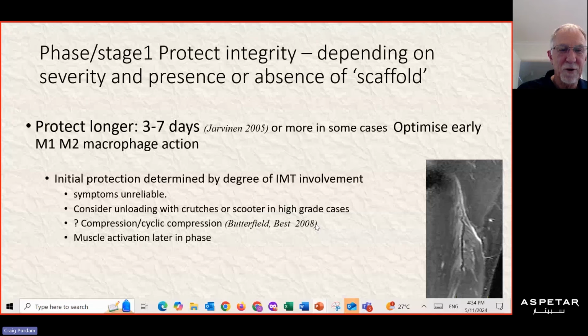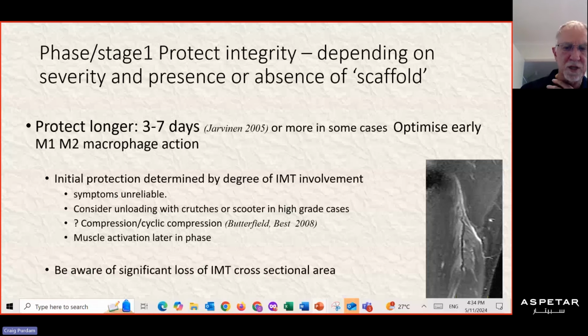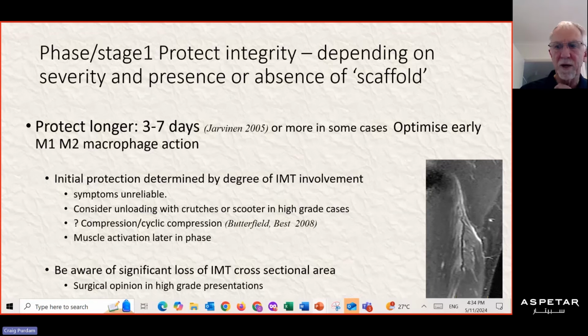If we talk to Tom Best, I'm sure he'd tell us that use of compression or cyclocompression could be something to consider in this phase. And certainly muscle activation of itself produces some activation, which we'd undertake certainly in later phases. And we do know from Järvinen's early work that we want to begin muscle activation certainly by day 7 out to day 10. We do need to be aware of significant cross-sectional area losses and to get a surgical opinion if it's required.